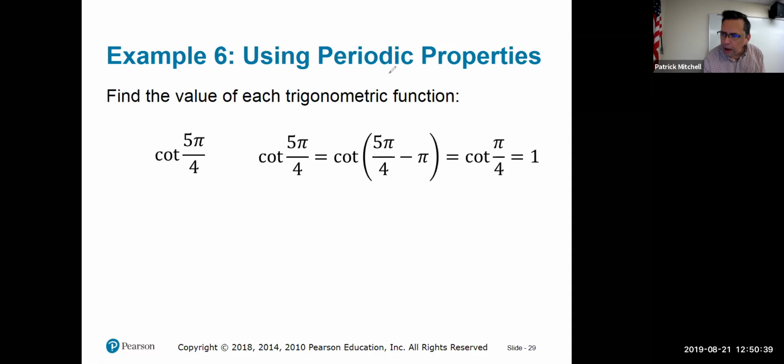Why is that? Because if you get a common denominator, the common denominator would be 4. So think of this as 4 pi over 4. 5 pi over 4 minus 4 pi over 4 is just pi over 4. And in a previous example, we did figure out that the cotangent of pi over 4 was 1.